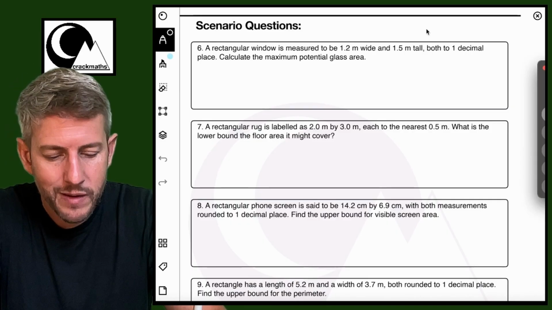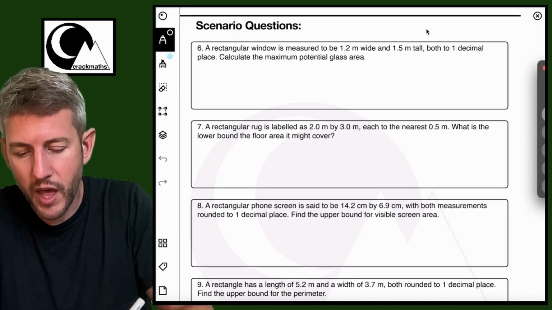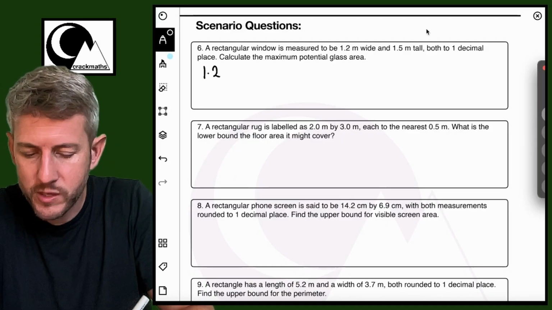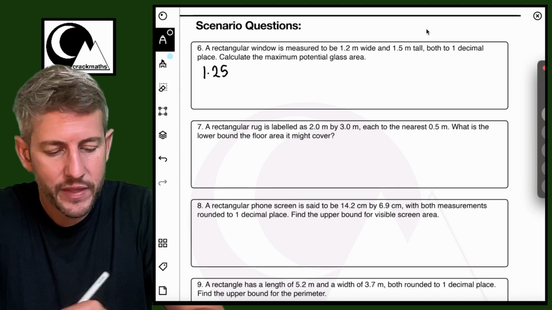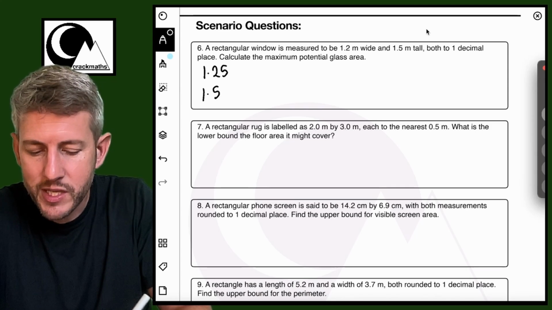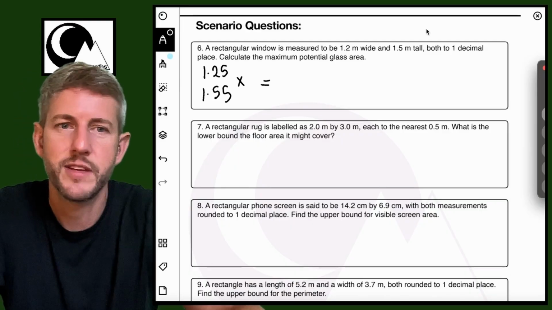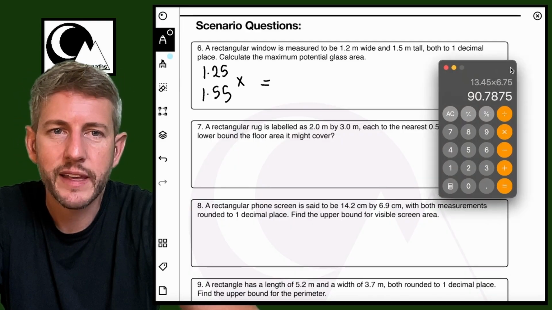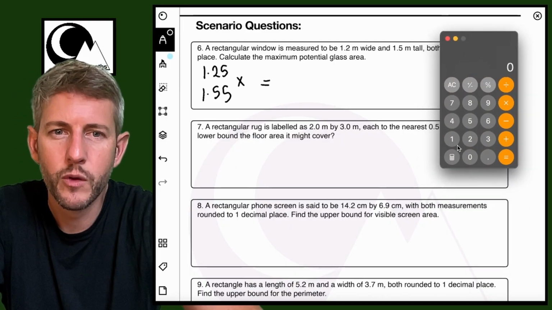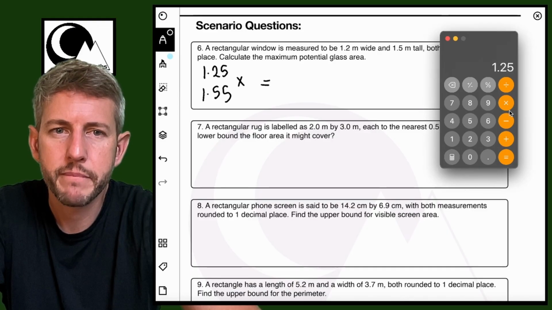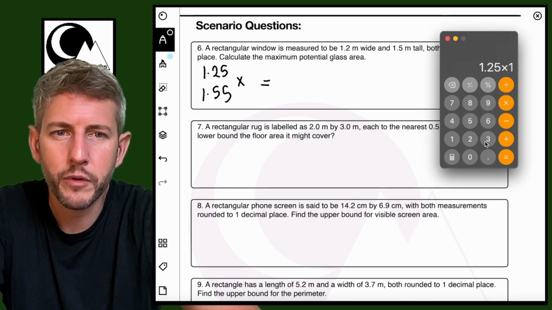They've been rounded to 1 decimal place, so the upper bound for 1.2 is 1.25, and the upper bound for 1.5 is 1.55, and I can times these together and see what that gets. And this is a calculator activity, so 1.25 multiplied by 1.55.